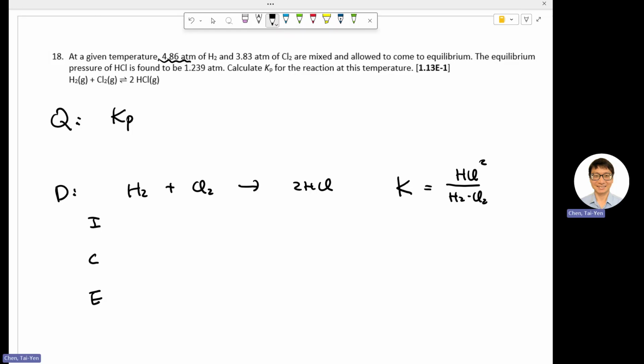Meaning it is not at equilibrium. Everybody get this? Yeah, those wordings matter. Okay, therefore I know I should put 4.86 here. How about that 3.88? It's the same, right? It should be here.